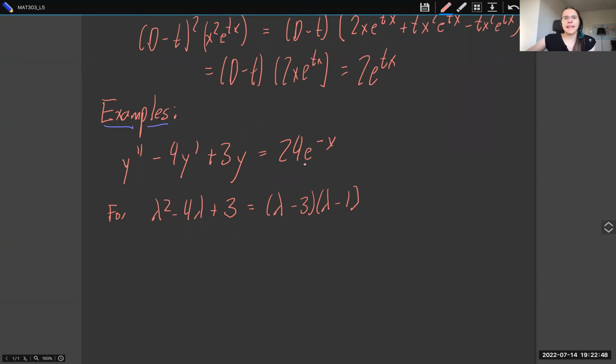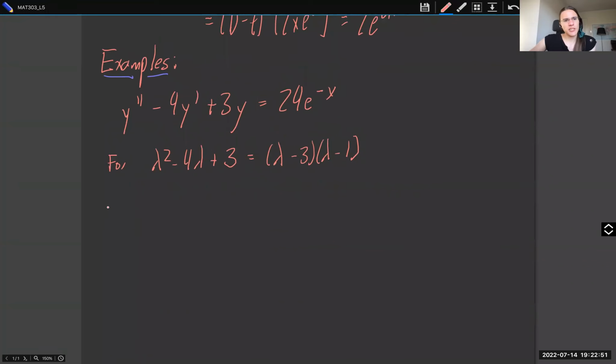As a result, we're going to use the ansatz that y is equal to a times e^(-x). Then y'' minus 4y' plus 3y becomes a times, and I can just write down the polynomial because I'm going to evaluate the polynomial at negative 1.